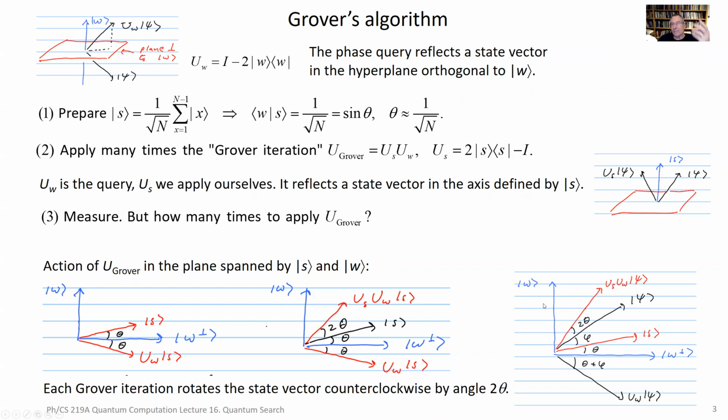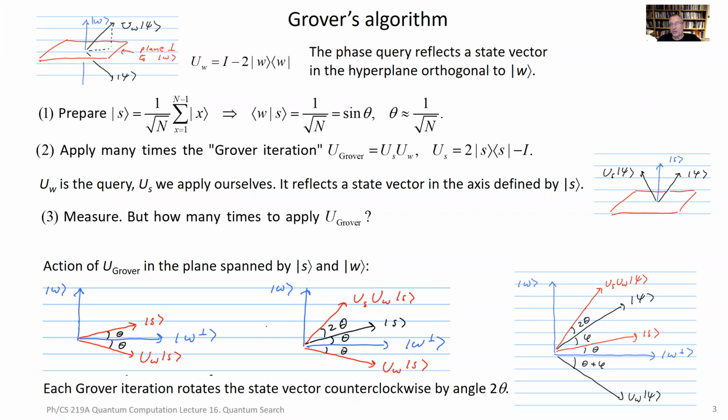So every time, the iteration consisting of the query to the black box and the unitary we do ourselves has the effect of rotating us counterclockwise in the plane spanned by S and W perp. And that means we're getting more and more overlap with the marked string, okay?